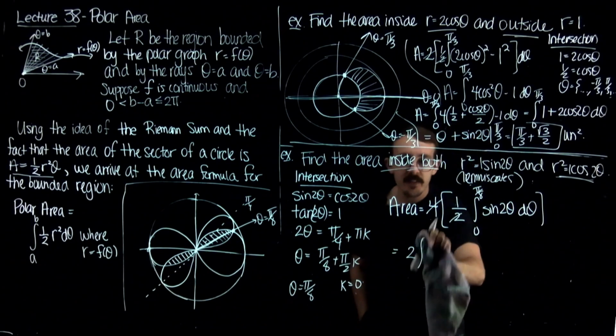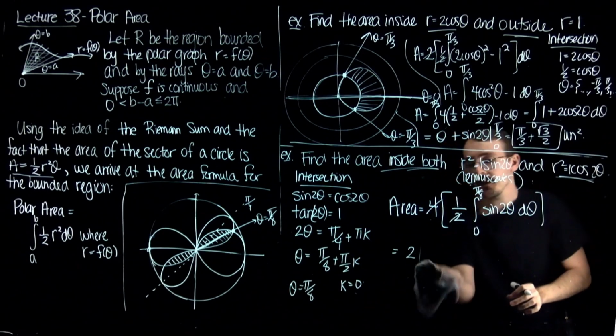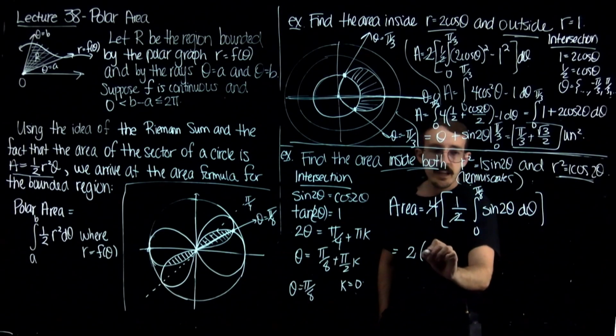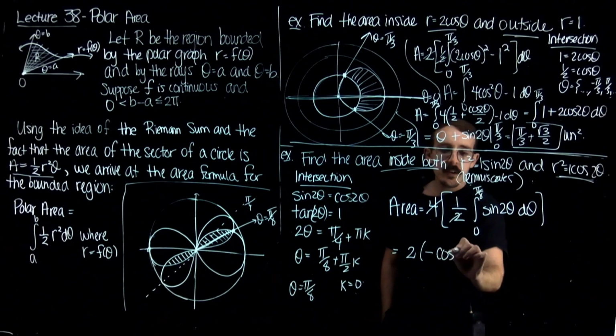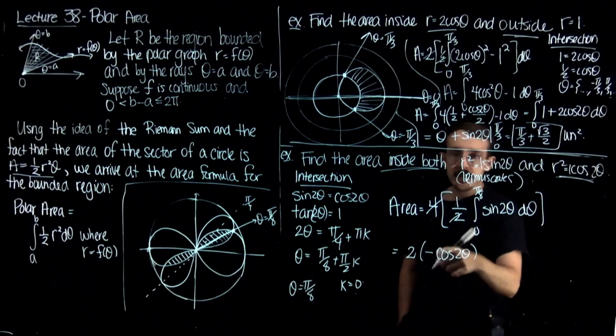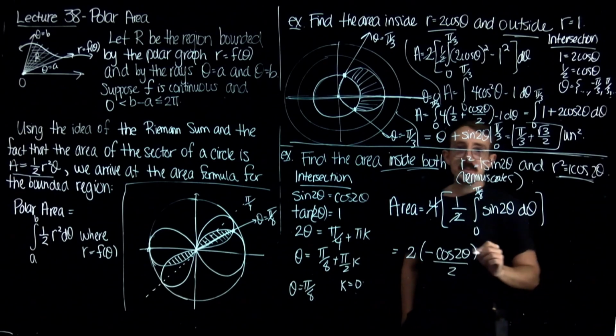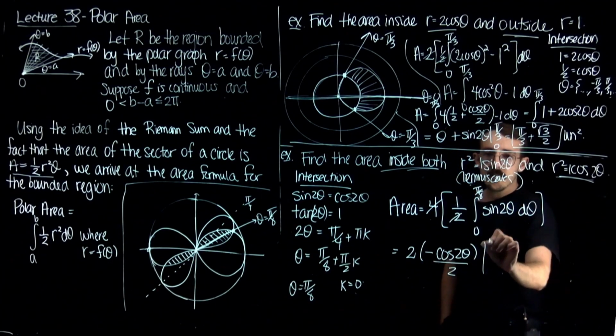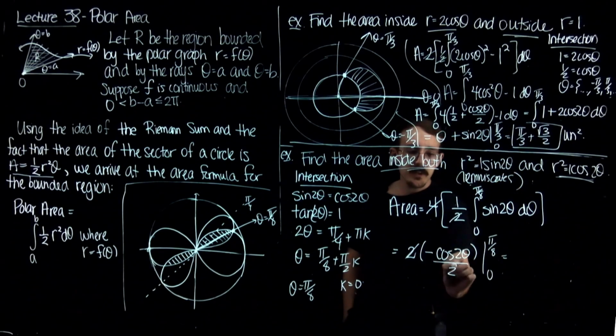I'm going to go ahead and take care of the integral, actually. So what is the integral of sine of 2 theta? Well, that's going to be negative cosine of 2 theta, and then I would have you divide by 2 by the chain rule. And I'll evaluate this from pi over 8 to 0. So notice the 2's cancel.